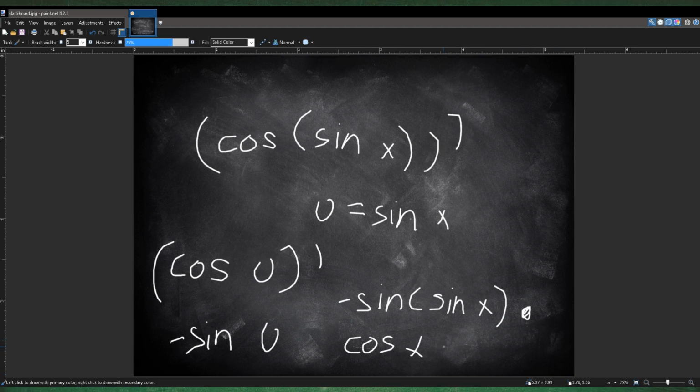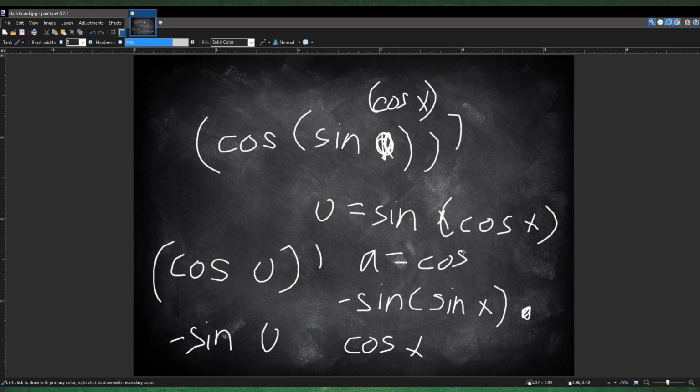You could just do the same thing twice. Even if you have another one in here, let's say that's not x, but another cosine of x, so you have cosine of sine of cosine of x. Basically, you could say u is equal to sine of cosine of x, and then say a is equal to cosine of x.